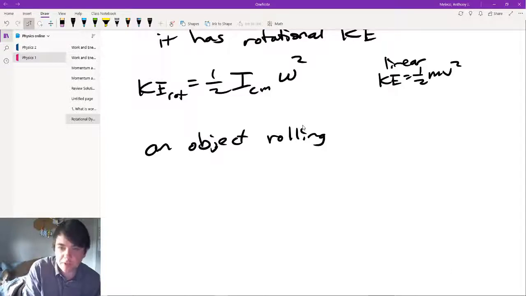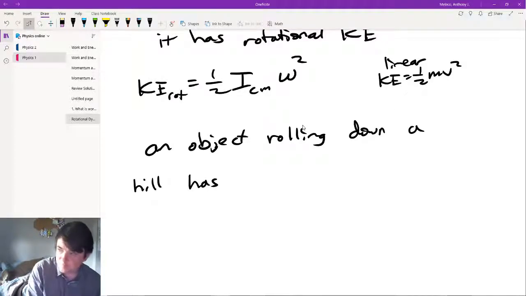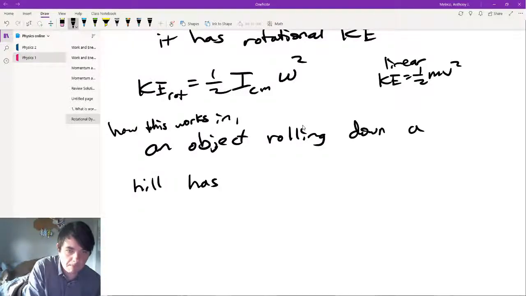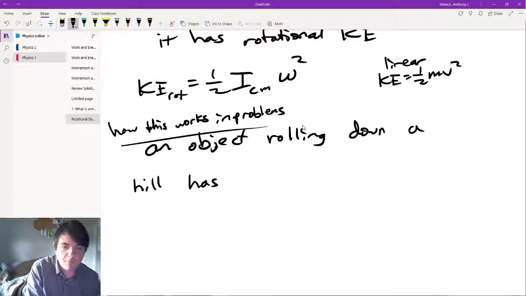An object rolling down a hill, for example, something like this.